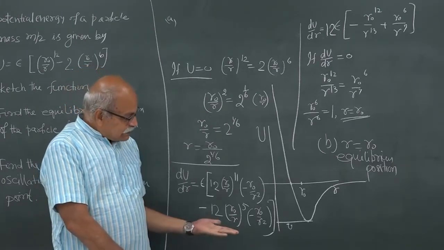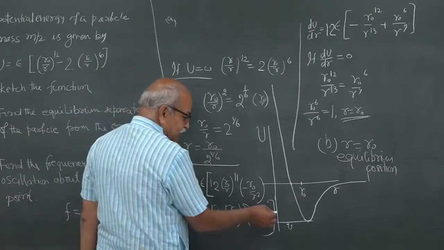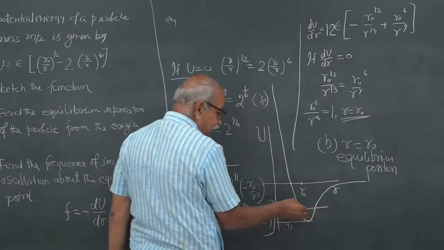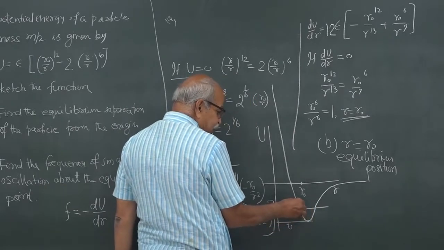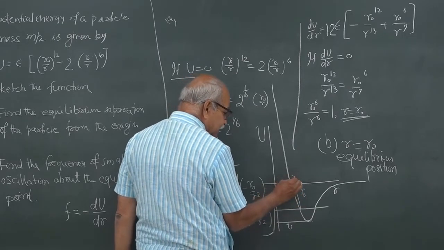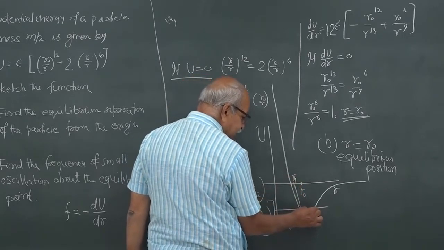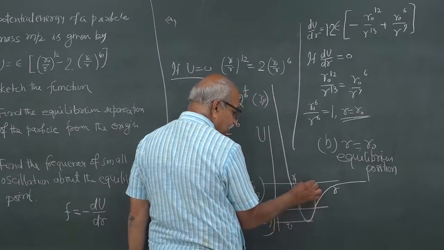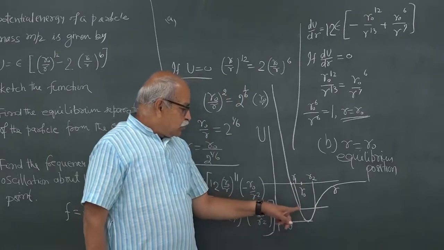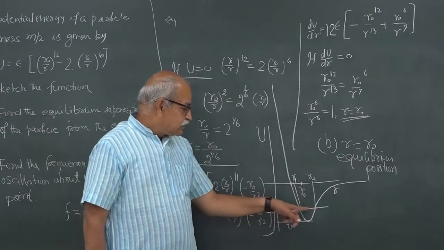But if the energy is more, then the particle can move, and we have already discussed these are the turning points. This is, let us say, R1 and this is R2, and the particle with this energy, it will go from here to here, and back again.